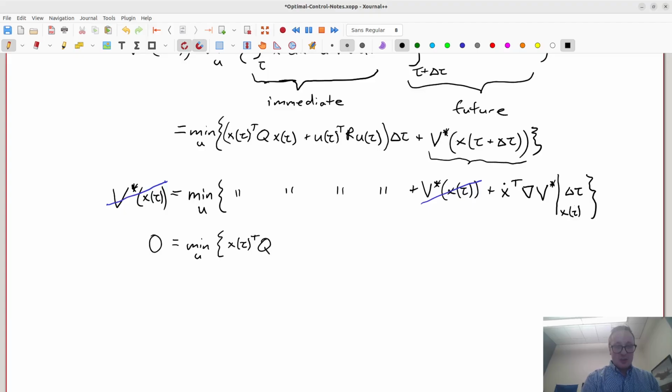This is going to be 0 equals min of x transpose q x tau plus u tau transpose r u tau, multiplied by delta tau, plus x dot.